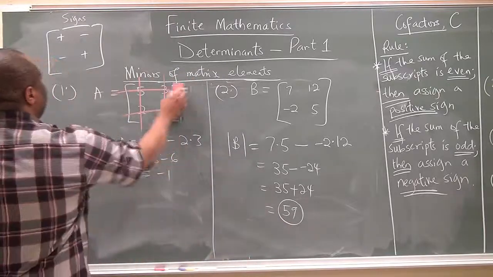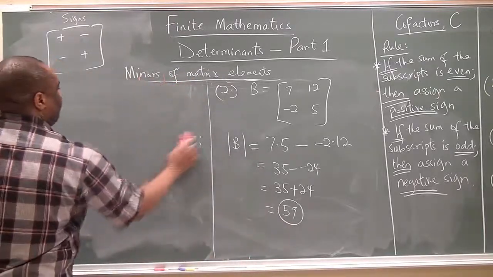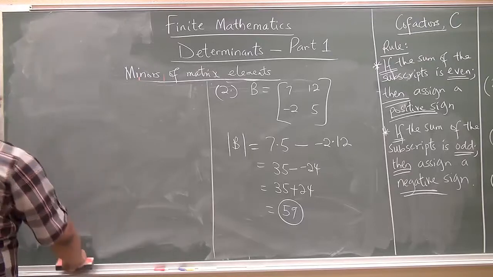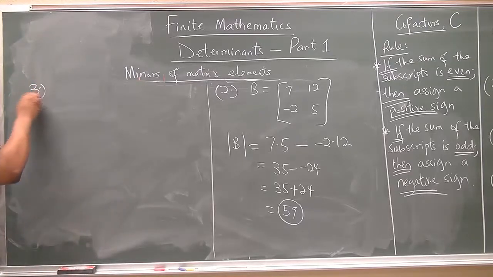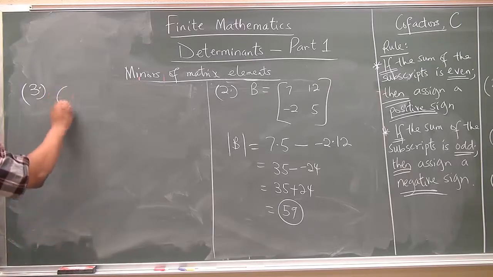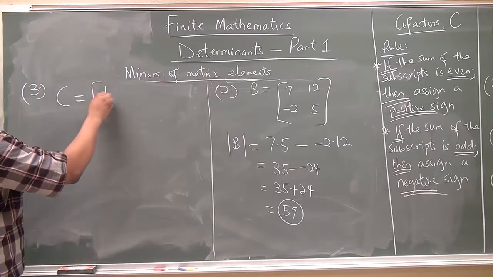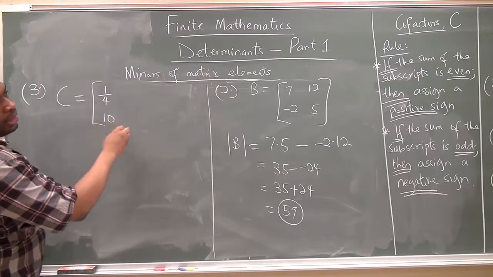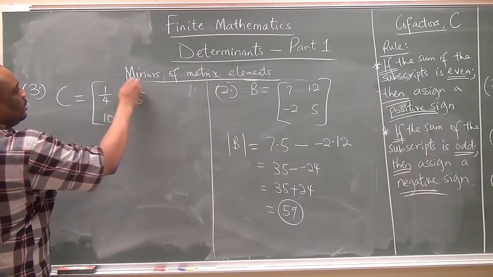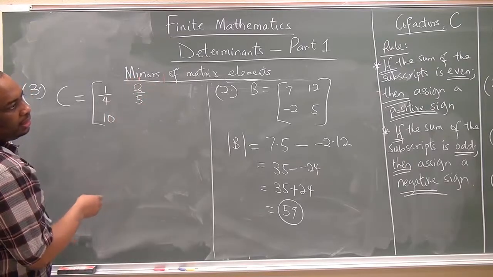Alright, the next one, number 3. We have that matrix C is 1/4, 10, 2/5, 20.